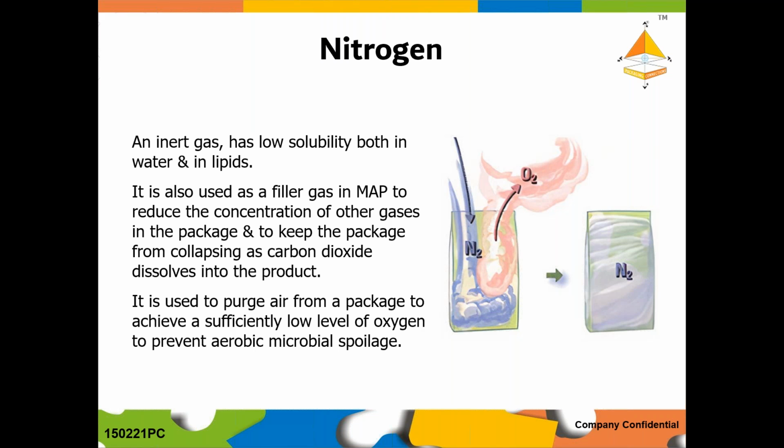Though you will take the oxygen out, that may not be good for the product inside, because the product may collapse. So typically it is done through elimination: you replace the oxygen with nitrogen, and nitrogen being inert, you have no negative impact. That's what it says, to keep the package from collapsing as carbon dioxide dissolves into the product.